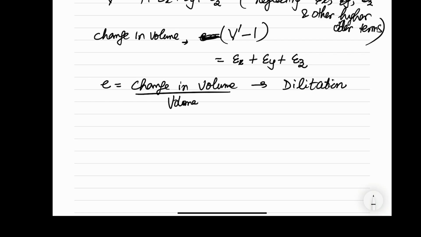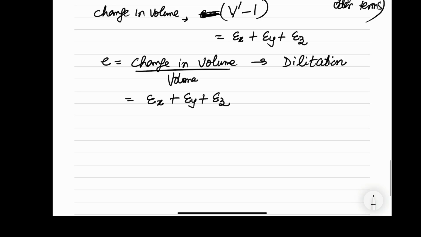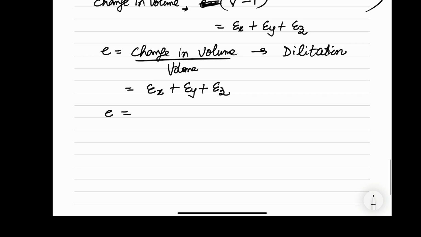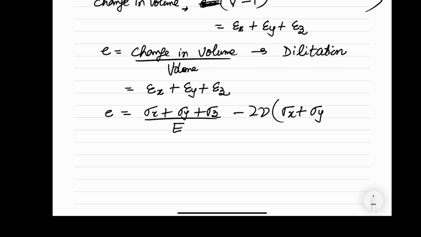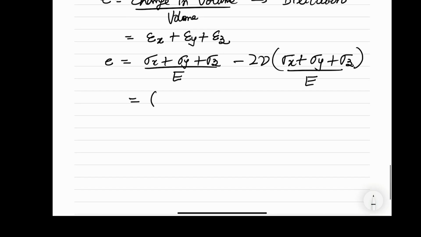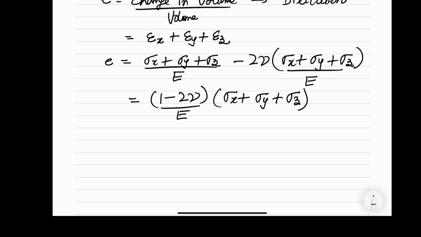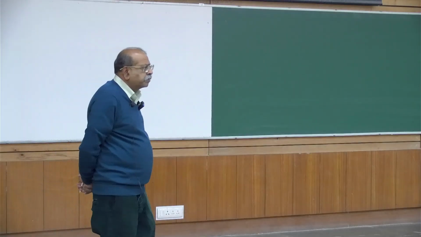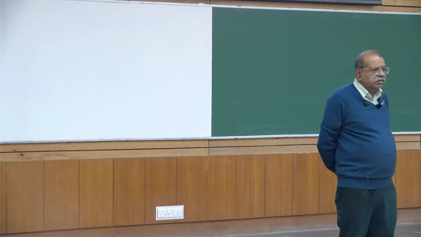And dilatation therefore will be equal to, if we express this in terms of the material property, sigma x plus sigma y plus sigma z upon E minus 2 nu times sigma x plus sigma y plus sigma z upon E. And this I can write as 1 minus 2 nu upon E times sigma x plus sigma y plus sigma z. Okay? Just see if this makes sense.